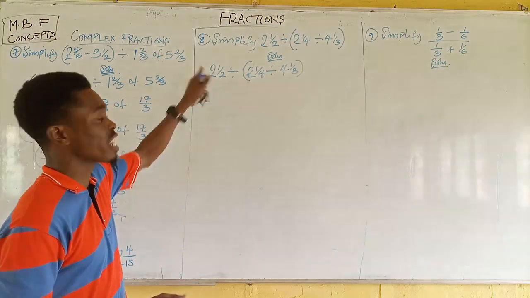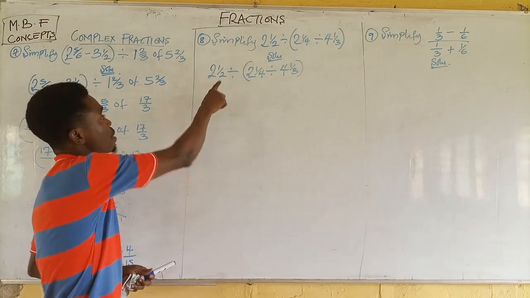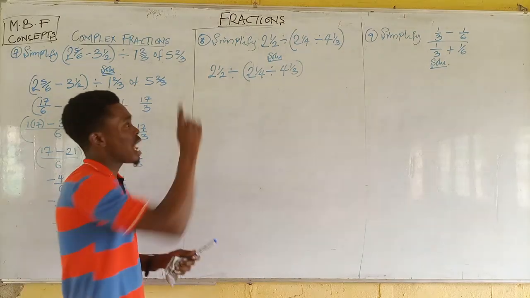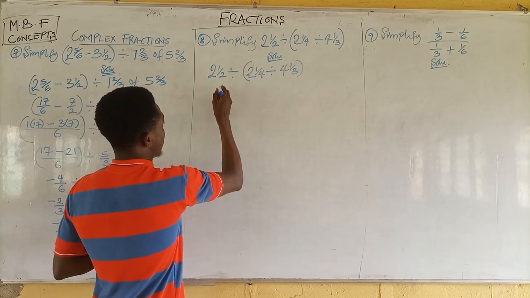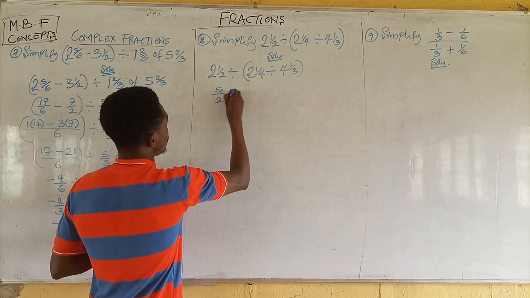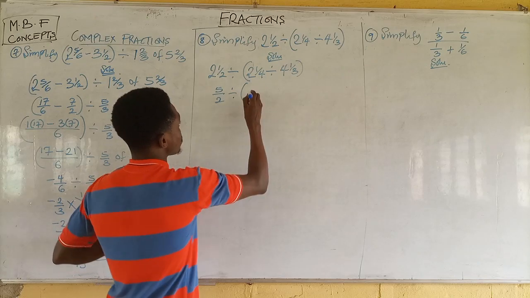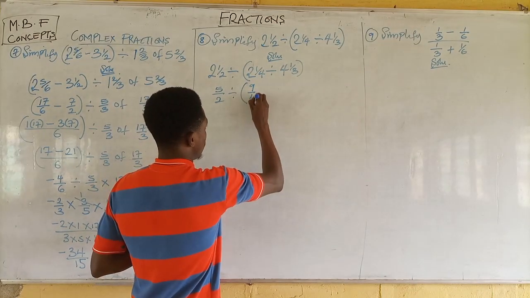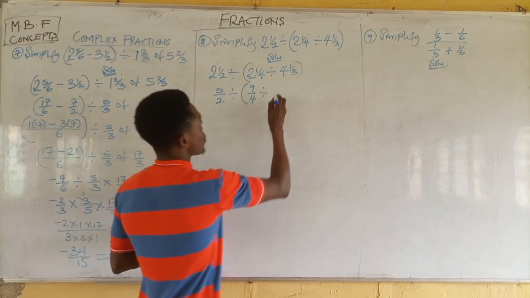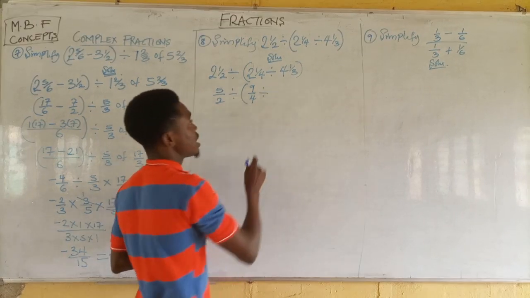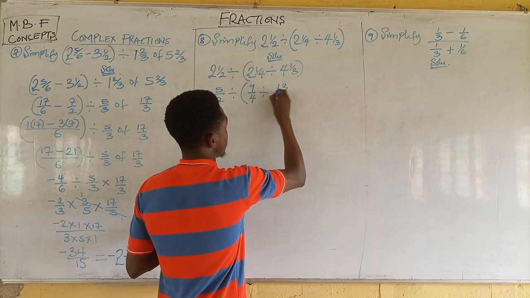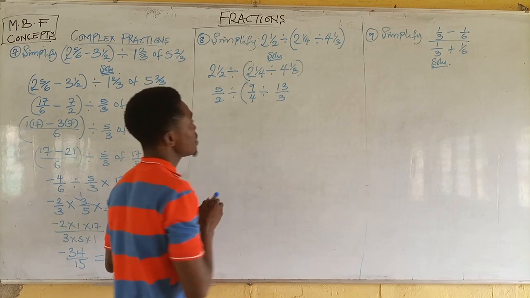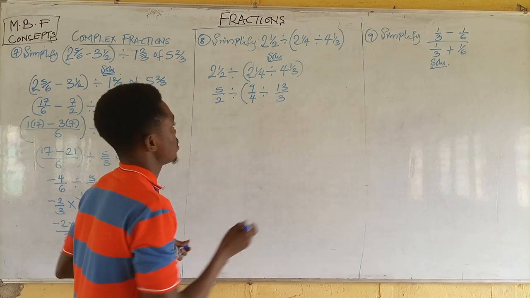And what do we do? We simply say 2 times 2, which will give us 4, and 4 plus 1, we would have 5 over 2, then divided by open bracket. 2 times 4 is 8, and 8 plus 1 is 9, 9 over 4, then divided by 4 times 3 is 12, and 12 plus 1 is 13 over 3. It's as simple as this.